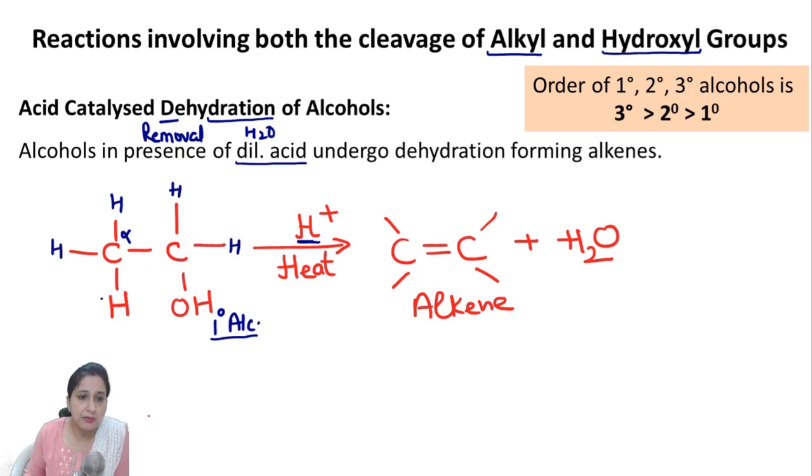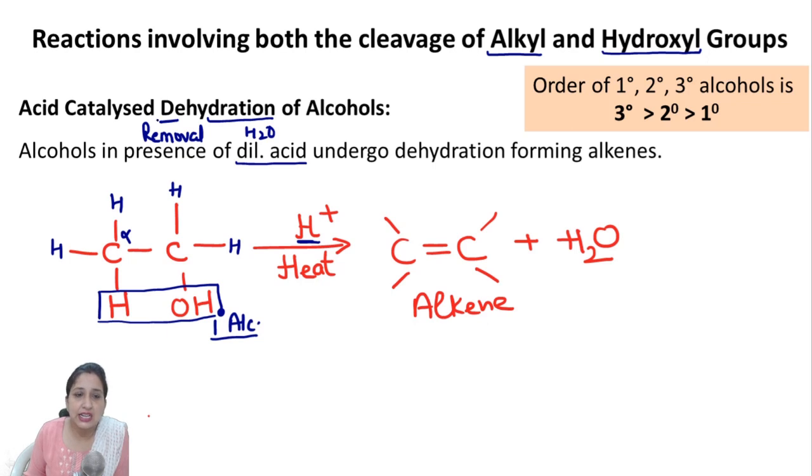OH from this carbon and hydrogen from the alpha carbon. So this will be removed as water, H2O, and in this case a double bond will be there so that carbon satisfies its valency, because the valency of carbon is fixed, that is 4. So we will get alkenes as the main product.